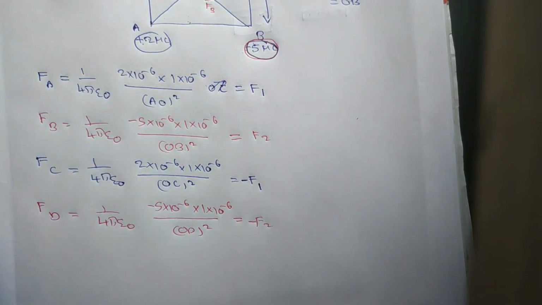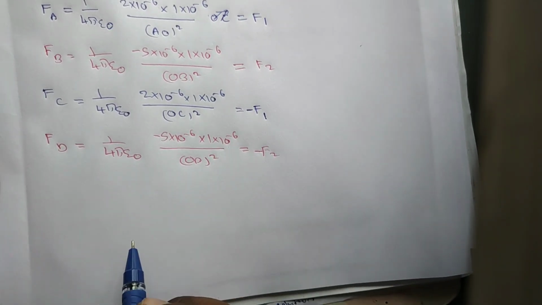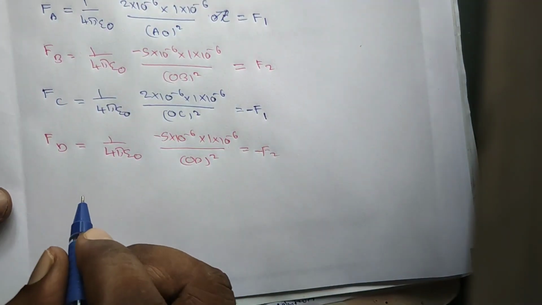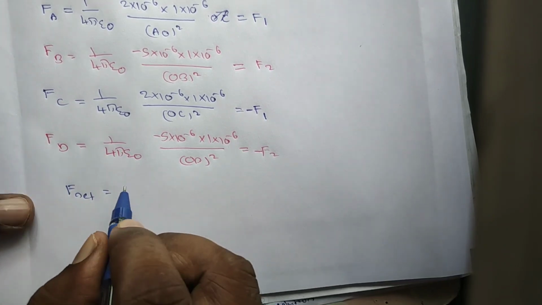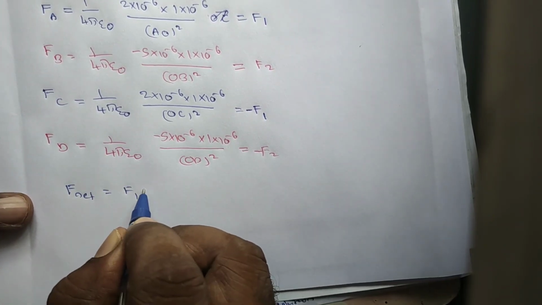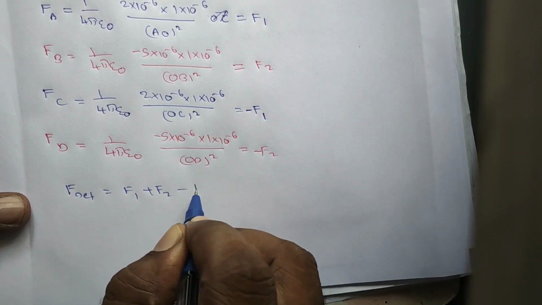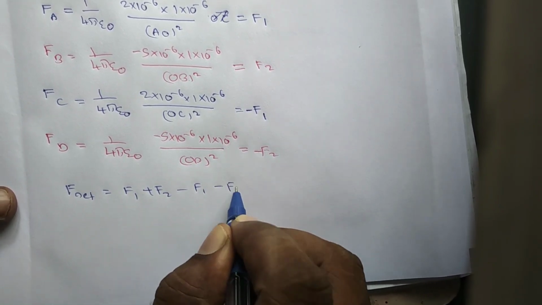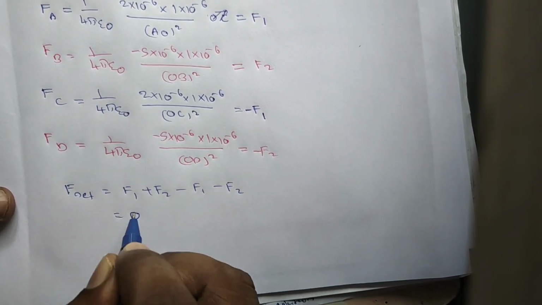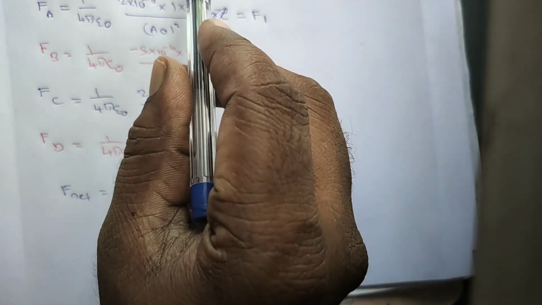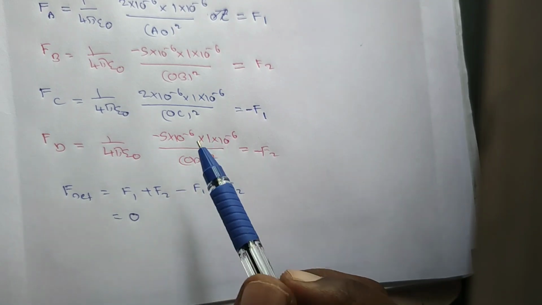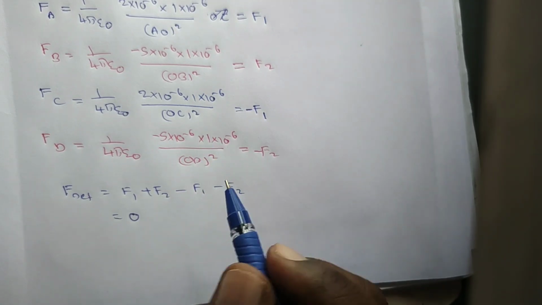Okay, then now we can find out the net force acting on the plus 1 microcoulomb. So the net force acting on O is equal to what? We'll get it as F1 plus F2 minus F1 minus F2. This is equal to 0. So the net force acting on the 1 microcoulomb is 0.